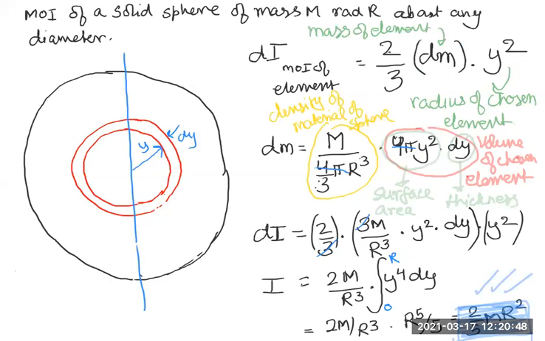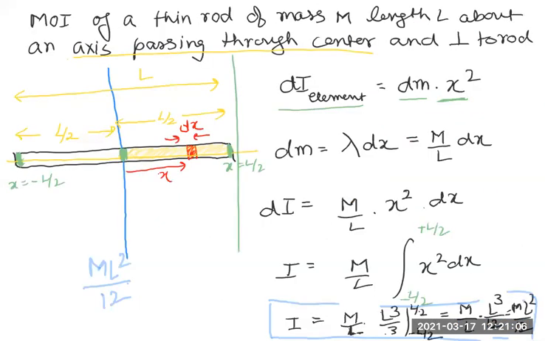So this is the moment of inertia of a solid sphere. Please take a screenshot quickly. Then we found the moment of inertia of a thin rod about an axis passing through the center.